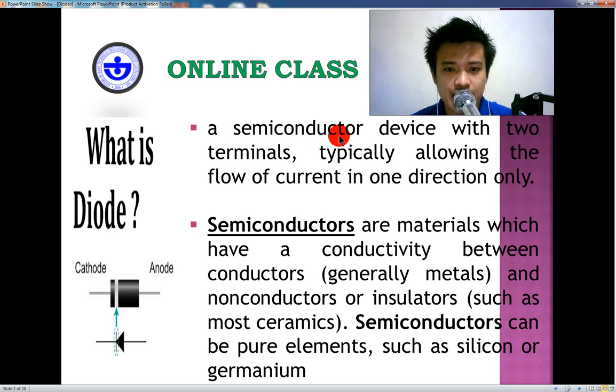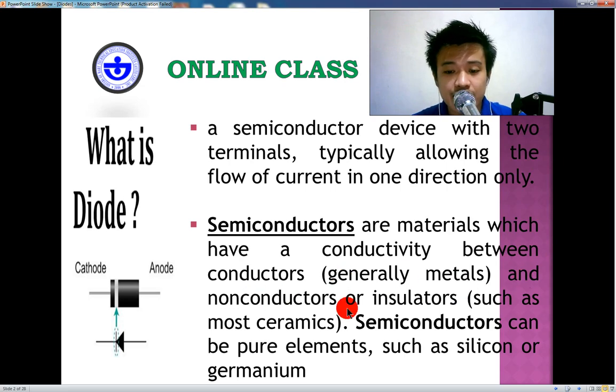Now, in this definition, a diode is a semiconductor device, so we talk about semiconductors. Semiconductors are materials which have a conductivity between conductors and non-conductors. Conductors are generally metals. Conductive materials are usually made up of metals.